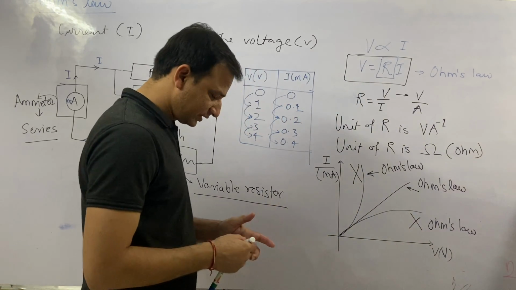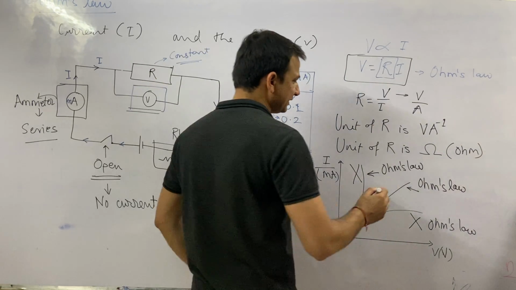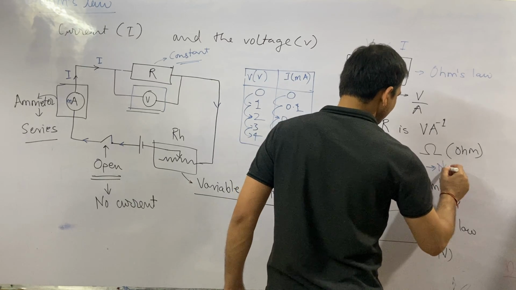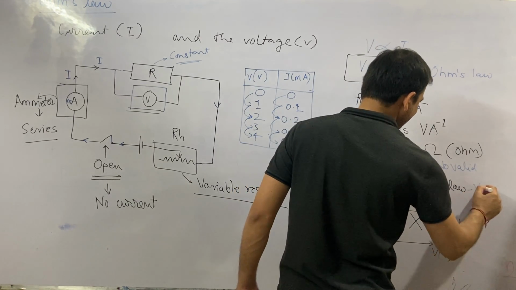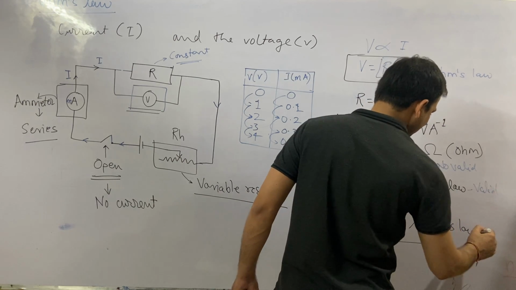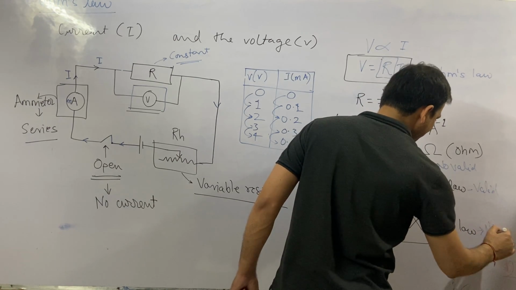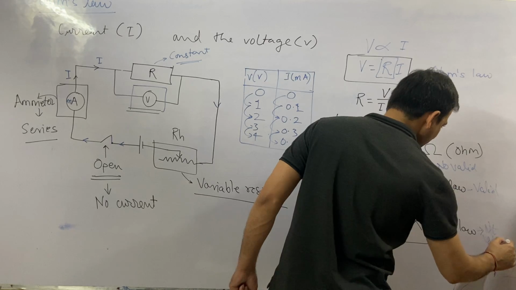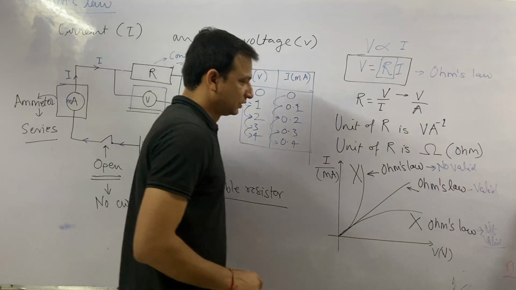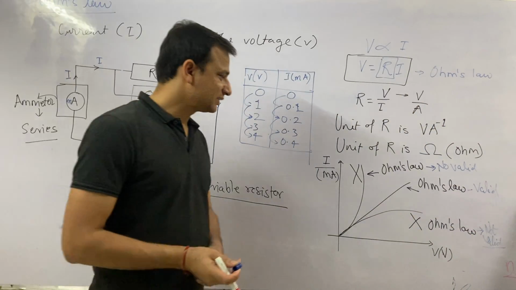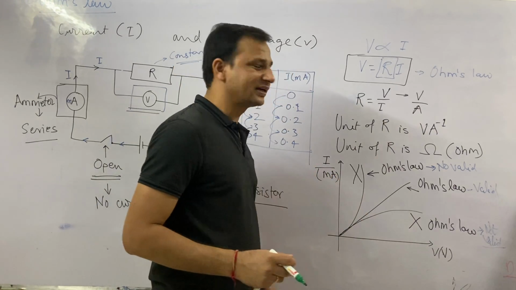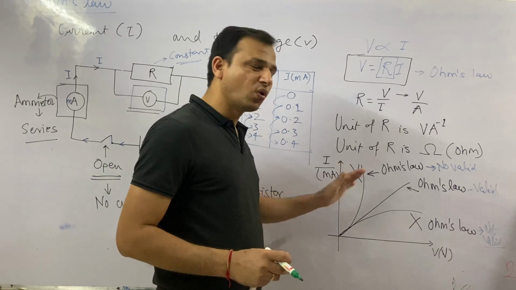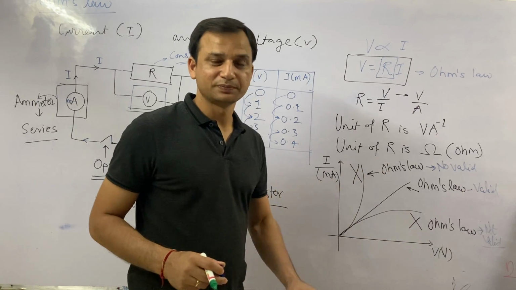So I can say here that Ohm's law is valid here, and not valid here. When the line is curved in the voltage and current relation, then Ohm's law is not followed.